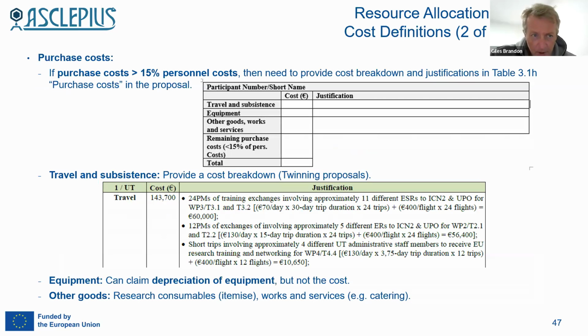Otherwise, other costs, purchase costs. So purchase costs are things like travel and subsistence, equipment, other goods, works and services.